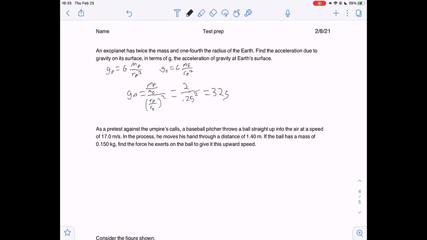Multiply bottom and top by 16. So 16 times 2 is 32. Anybody confused as to how we got to 32 g's? I just plug in 2 divided by 0.25 squared, which is 32.